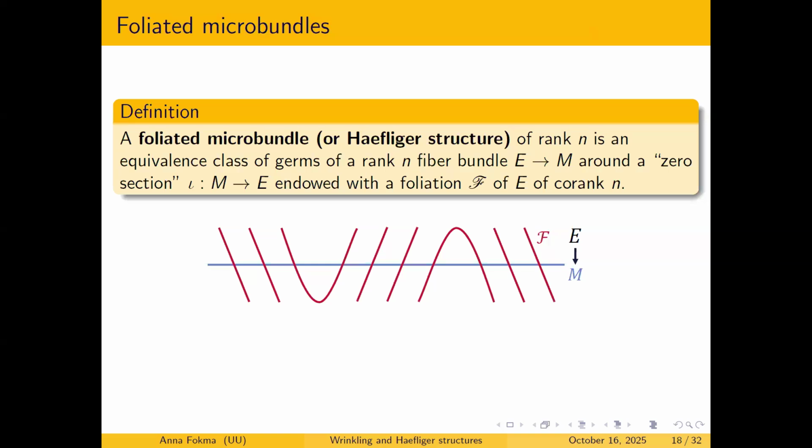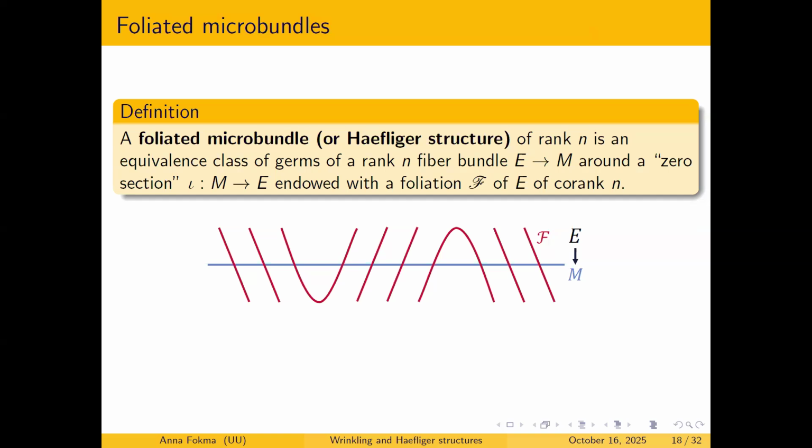So a foliated microbundle consists, first of all, of a microbundle, meaning that it is an equivalence class of germs of a fiber bundle around some zero section. And in fact, usually we identify M with its image under this zero section.